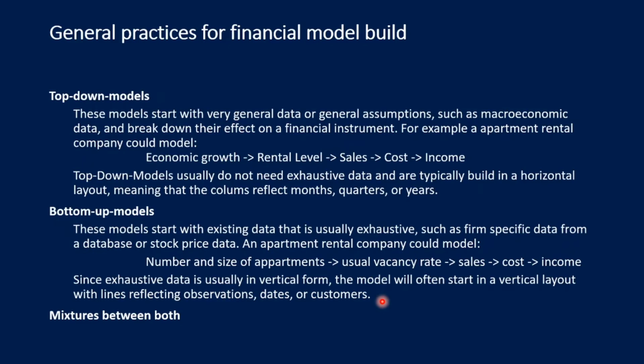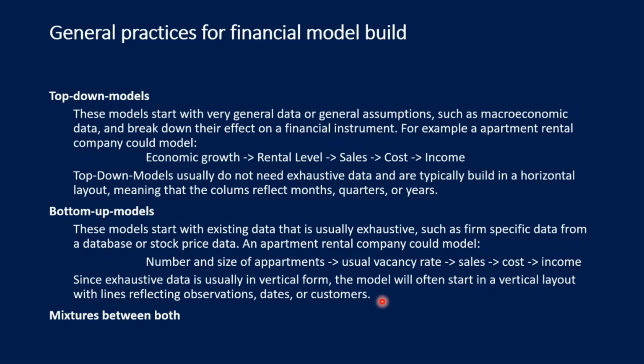So this is a bottom-up model coming from an exhaustive collection of data, and this exhaustive collection of data is usually in a vertical form. So each contract underneath each other, or each apartment underneath each other, or whatsoever. So this is bottom-up coming from exhaustive data from the company going up.